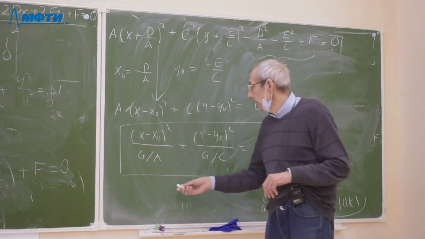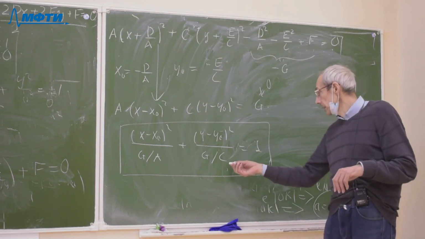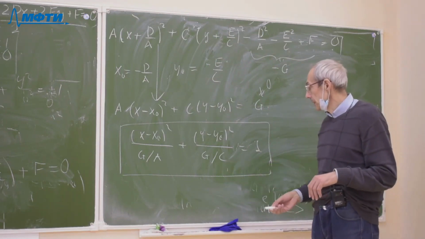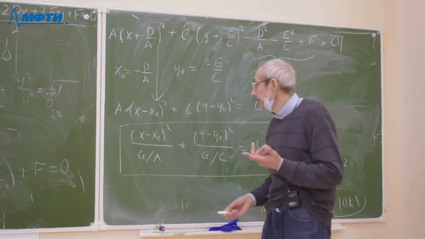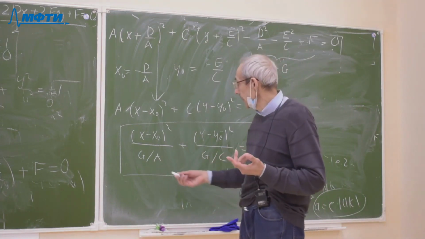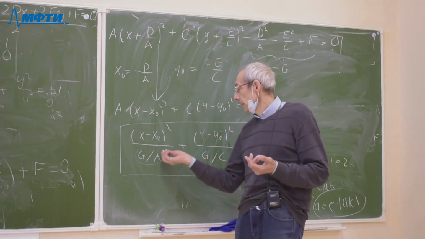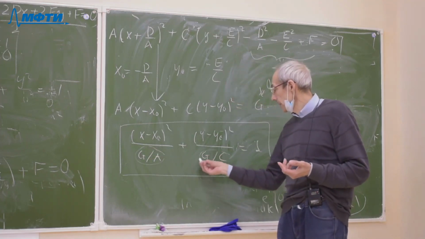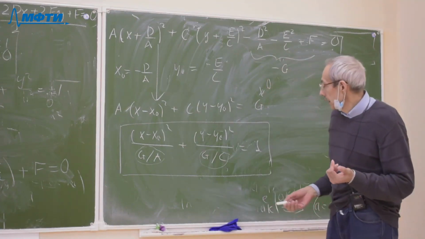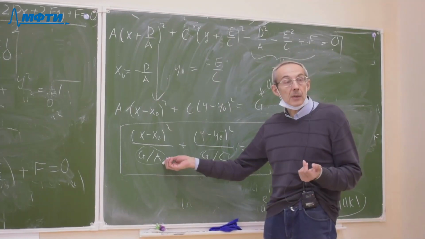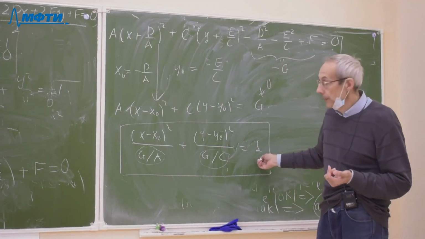If G is not equal to 0, we suppose that a is not equal to 0 and c is not equal to 0. And in this case, we obtain two cases. First, if the signs of these expressions are the same: if the sign is positive, we obtain an ellipse.